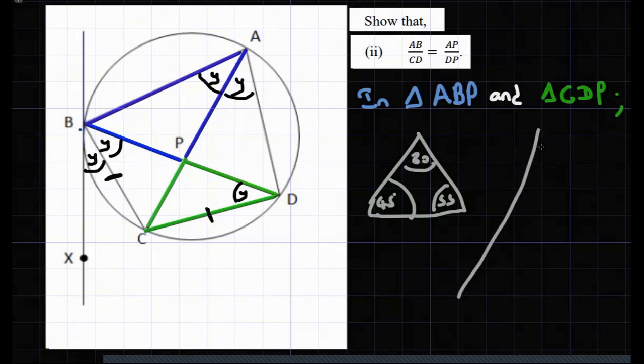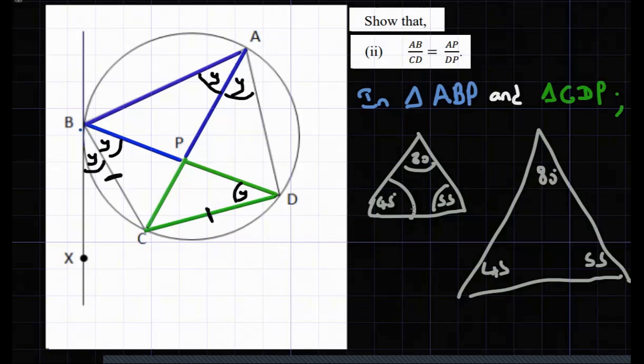And there's another triangle, and these are just sketches, okay? 45, 55, and 80. What can you say about these two triangles? They are equiangular. And when it comes to triangles, if triangles are equiangular, they are similar too. That is a rule applicable for triangles. If two triangles are equiangular, they're definitely similar too.